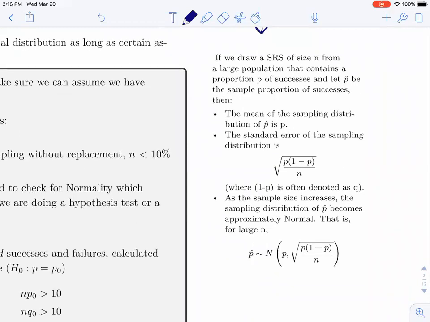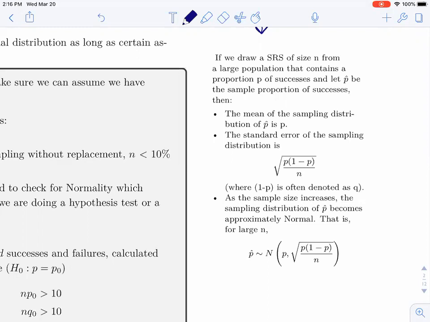So as long as our sample size is large enough and all our observations are independent, then we can assume that p hat follows a normal distribution with a mean of p, so it's centered on the population proportion, and a standard error of the square root of p times 1 minus p over n.